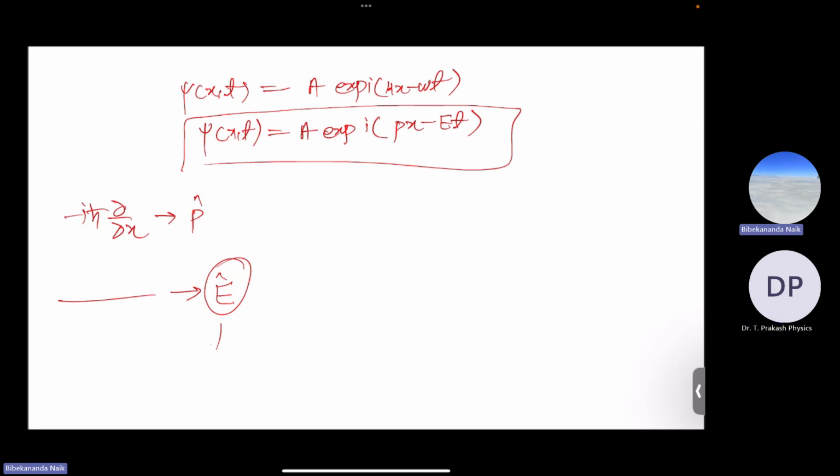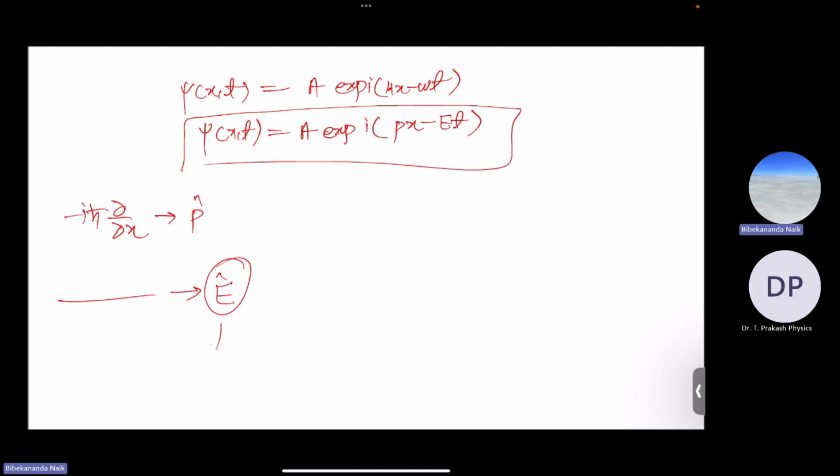Yes, sir. So if you take the first derivative of psi with respect to t, then E will come outside. You understand? Yes, sir. So just like that, derive and tell me what the operator of energy will be.